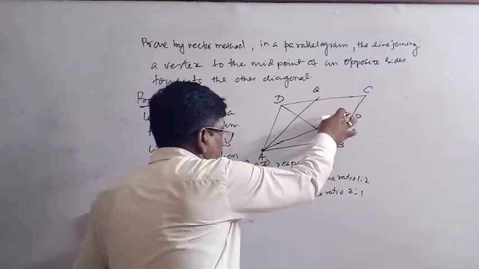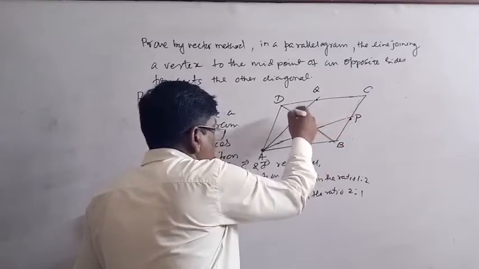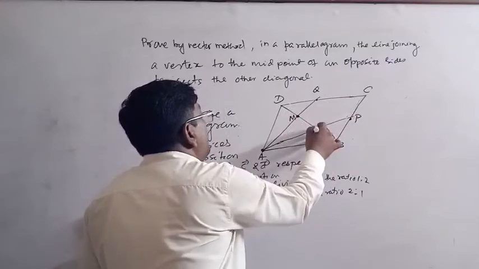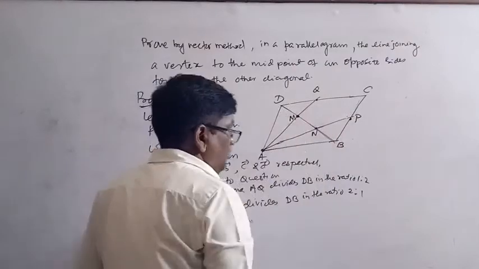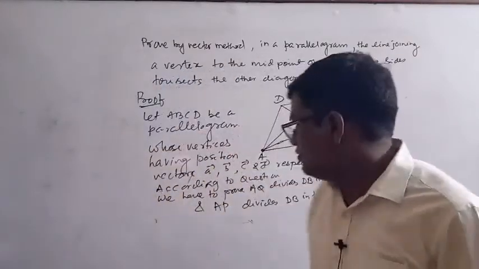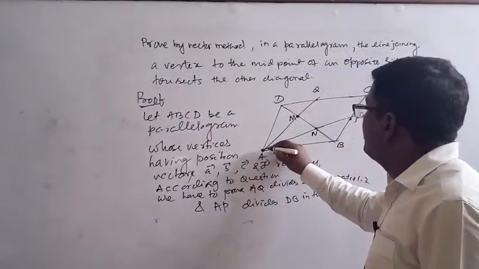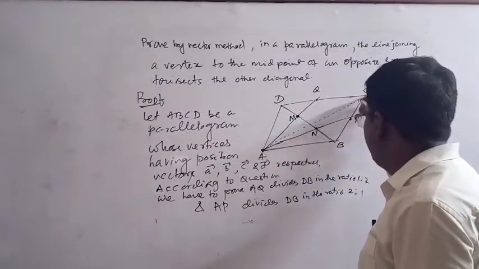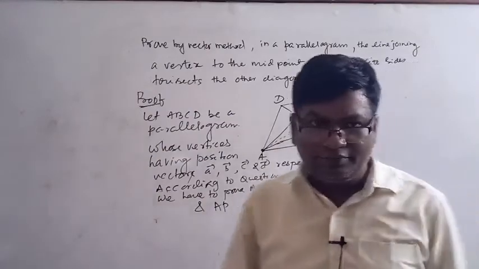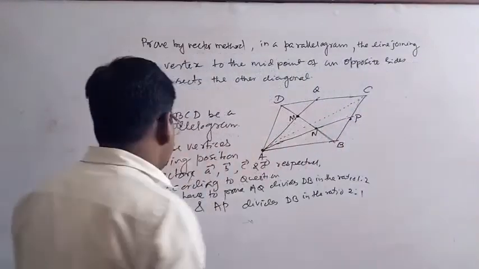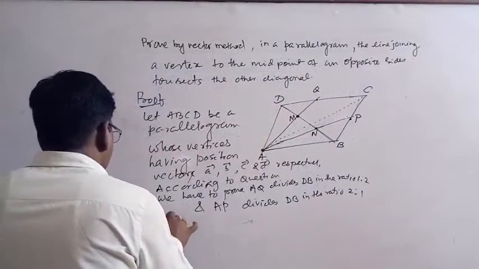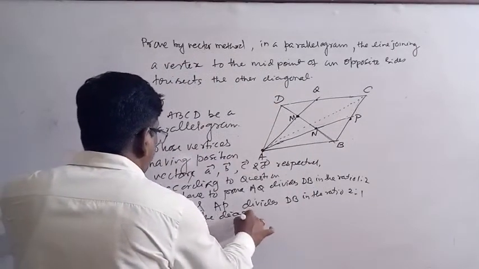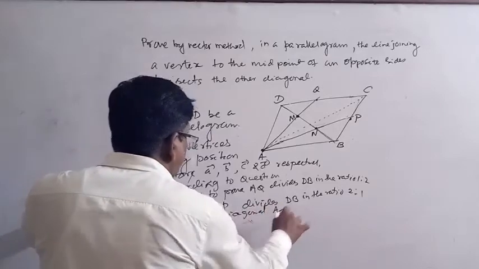Suppose this is M and this is N. Join the diagonal AC.